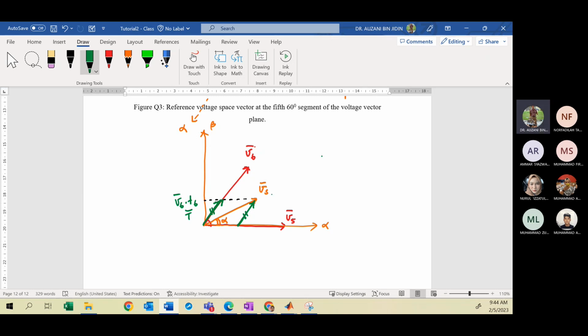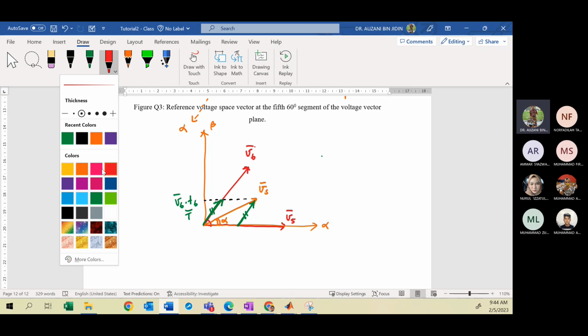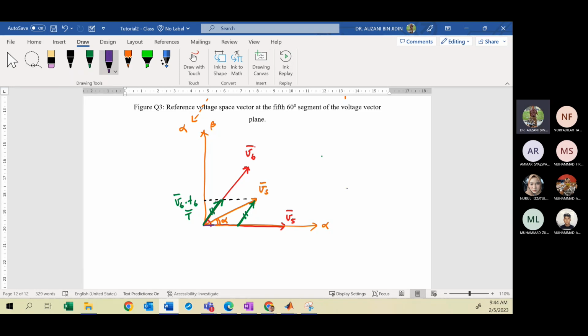And to produce the resultant vector Vs, you have to join this component vector, right? So the another vector is, maybe I use blue color here, indigo color. So this vector is the component vector of V5, so here is V5 multiplied by its ratio T5 by T. So actually to produce this vector, you need to apply this equation.